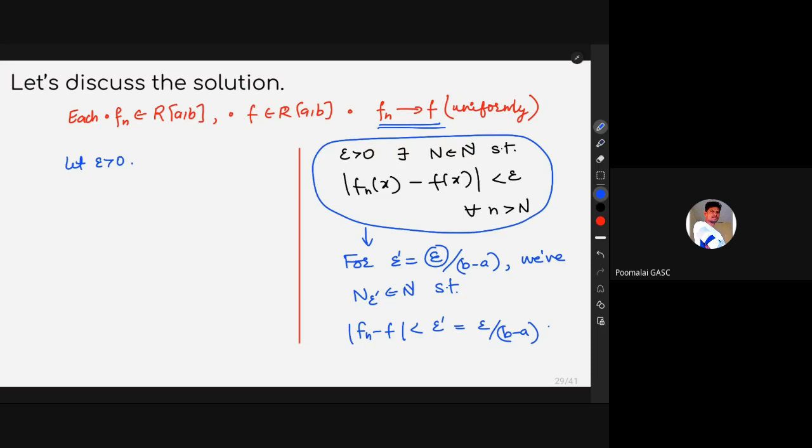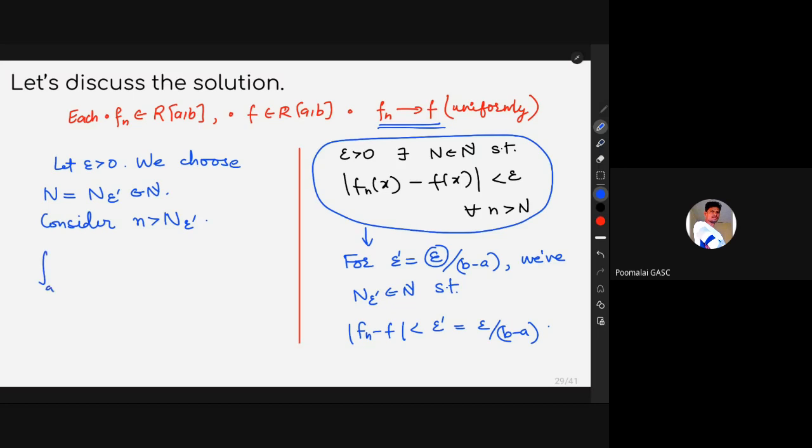So if I take epsilon to be a positive number, we choose N to be this N(epsilon prime) in the natural numbers. Now consider the case when n is greater than N(epsilon prime).